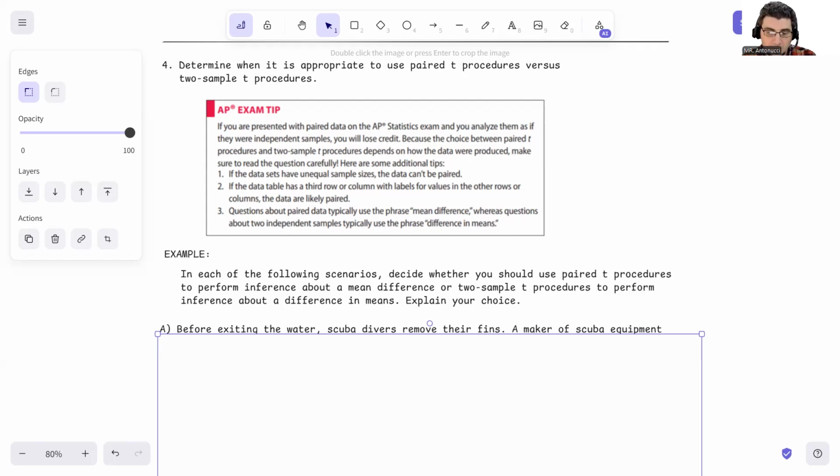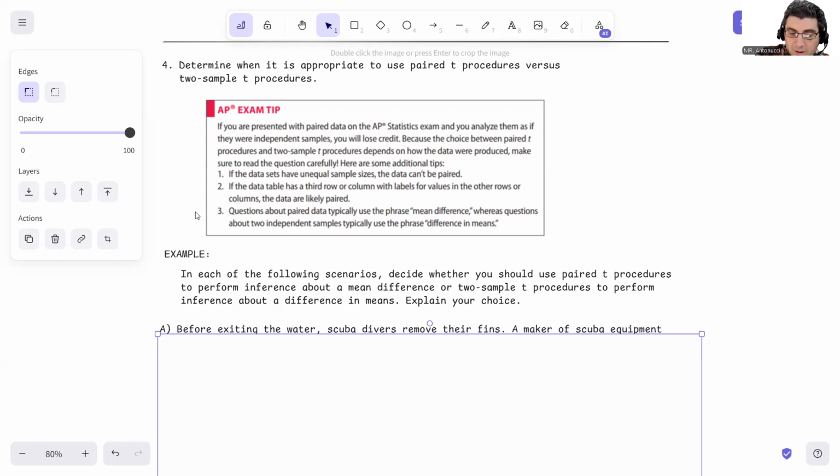And here's a couple more tips. If the data sets have unequal sizes, then they can't be paired. They had to come from two different samples. If the data table has a third row or column with labels for values in the other rows or columns, the data are likely paired.